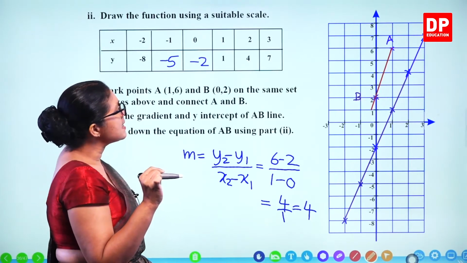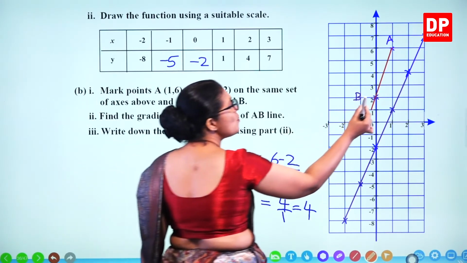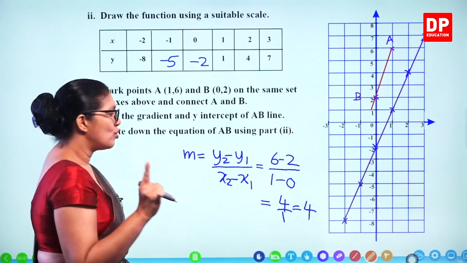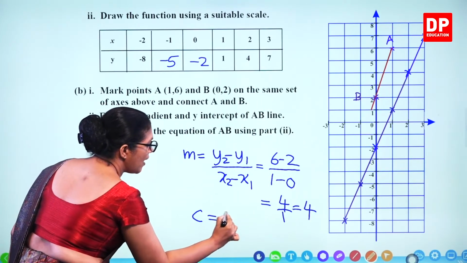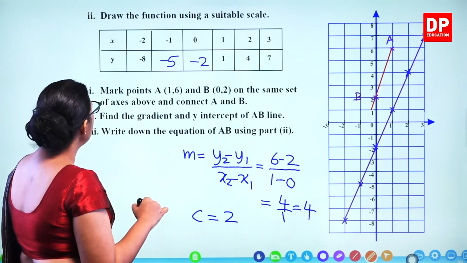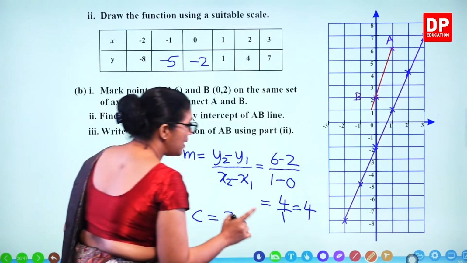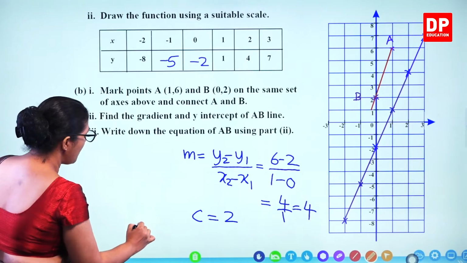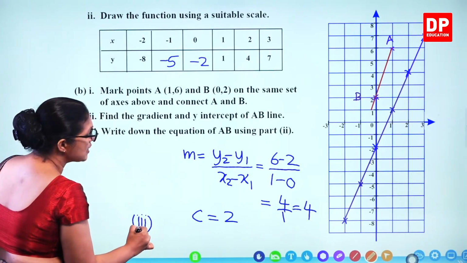So what's the y-intercept? The y-intercept is where it cuts the y-axis. So here at 2. So the c value is 2. Y-intercept is 2. Then write down the equation of AB line using part 2. What's the equation? y equals mx plus c.